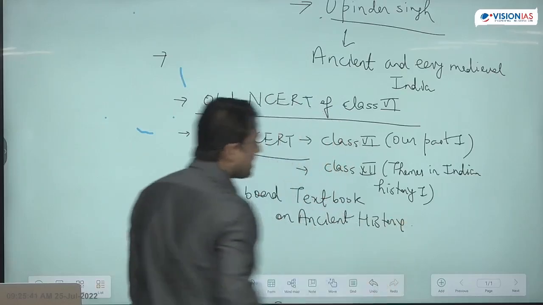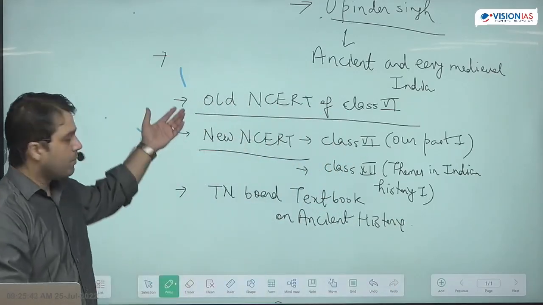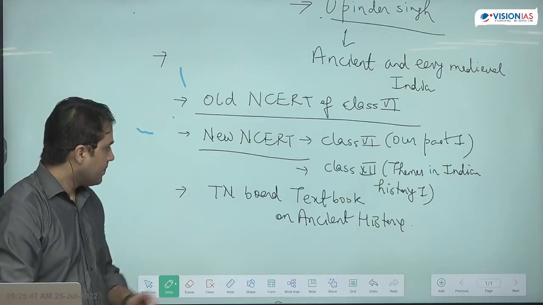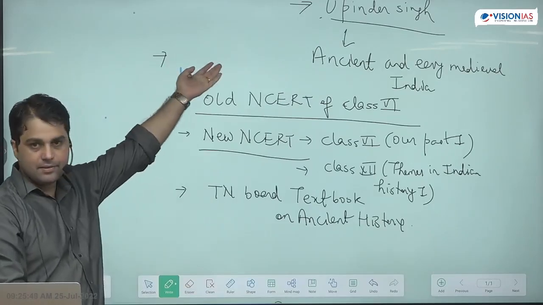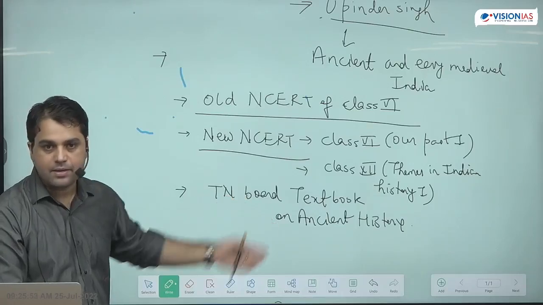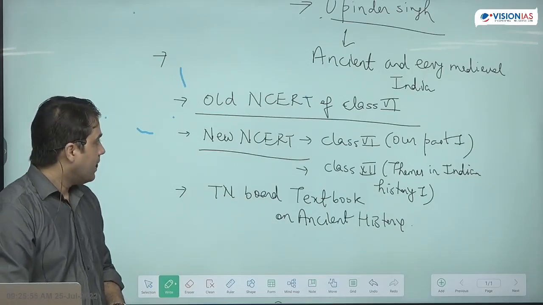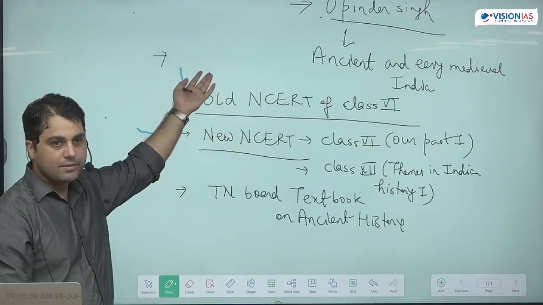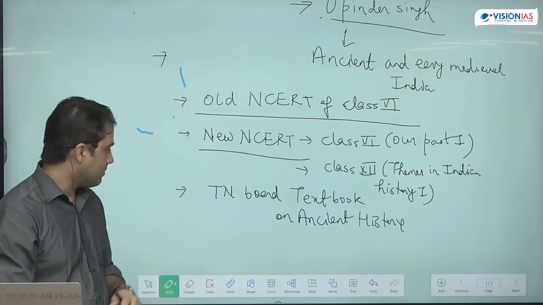It is definitely more comprehensive than old NCERT of class 6th or even new NCERT. Not as comprehensive as the R.S. Sharma book, but definitely it is also a very good textbook which you can refer to. So if I have to recommend, the best textbook you should go with is R.S. Sharma, read that book.